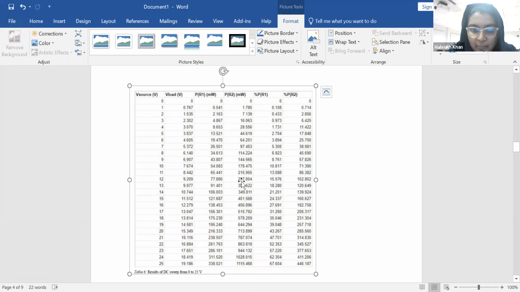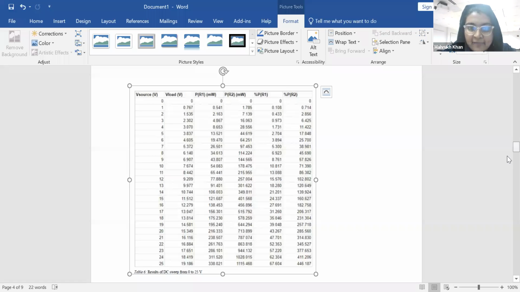I think it's flipped. Oh, it's fine. No, it's fine. I was seeing 12 volts in this column, so 12 volts is giving you 100% power rating. Similarly, it increases like that. That's why I included this table. I was wondering what was going on. Okay, so this power rating table is fine.